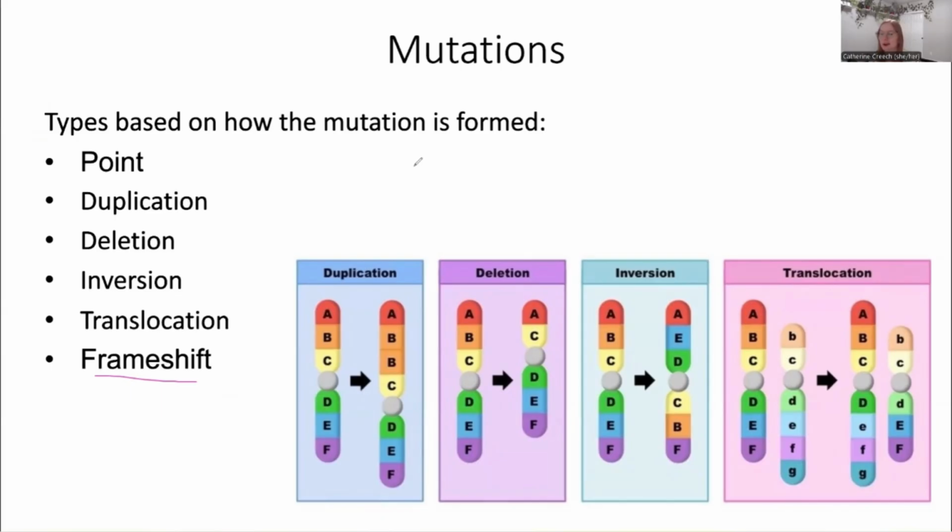So we know that codons are 3 nucleotides that code for an amino acid. I like to think about frame shift using words in the English language because it helps me visualize it. So here is a sentence made from 3-letter words. The 3-letter words represent a codon. The fat cat ate the rat. There's my sentence.